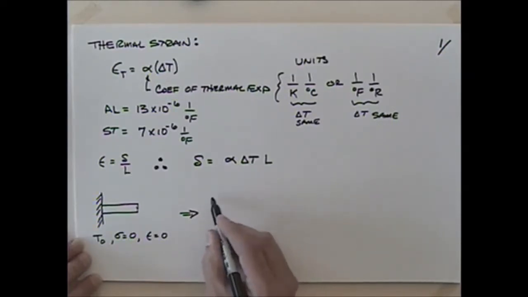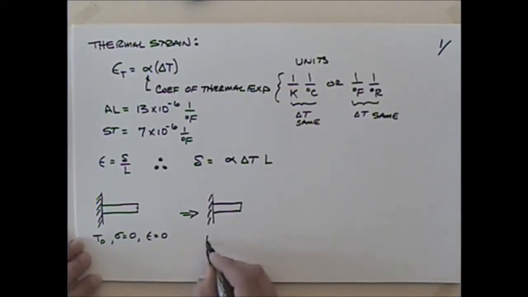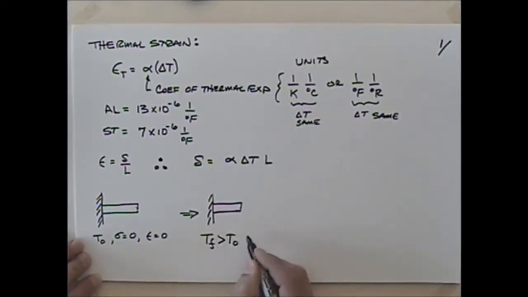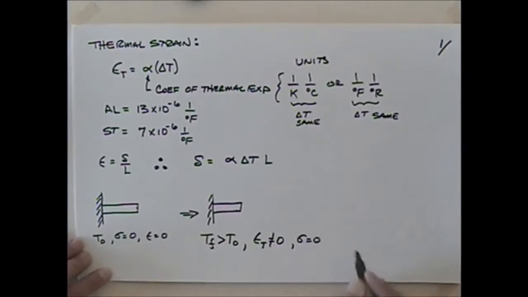Presumably this would get longer with temperature. So we'll have some T final that is greater than T initial. It's going to get longer, so epsilon sub T is certainly not equal to 0. The strain is changing, its dimensions are changing. But the stress, sigma, would be equal to 0.